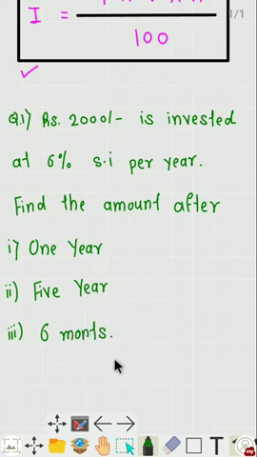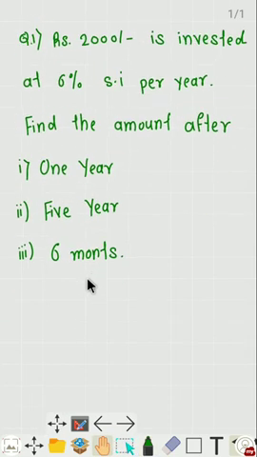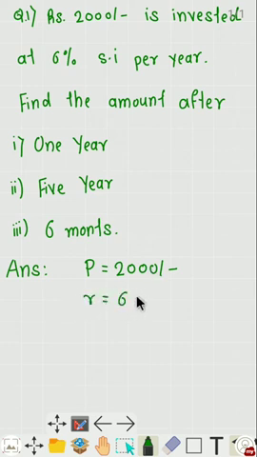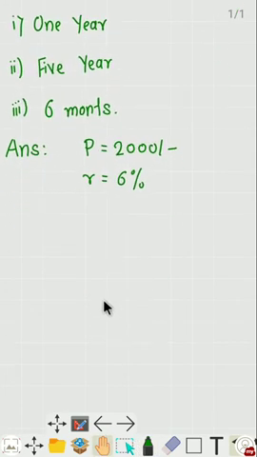Okay, 6 months. So let us write the answer of this question. So what is given to you? We have a principal amount of rupees 2000 and the rate of interest R is 6% per year. So let us go to the first case.